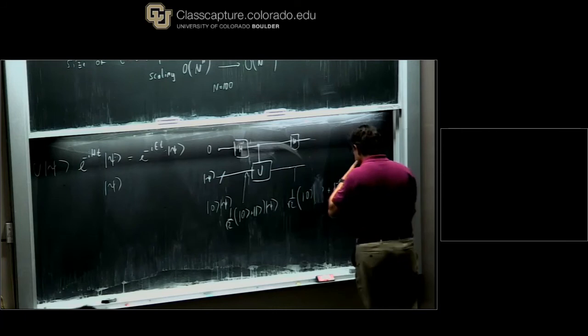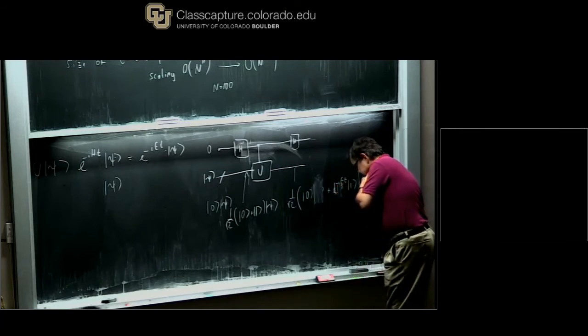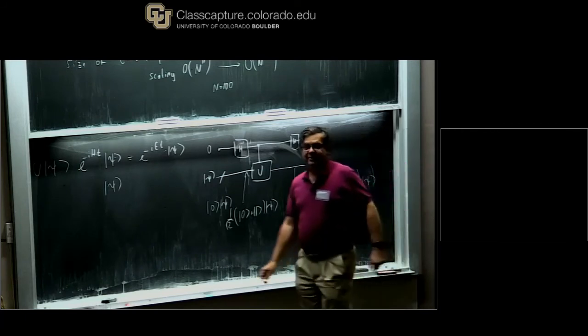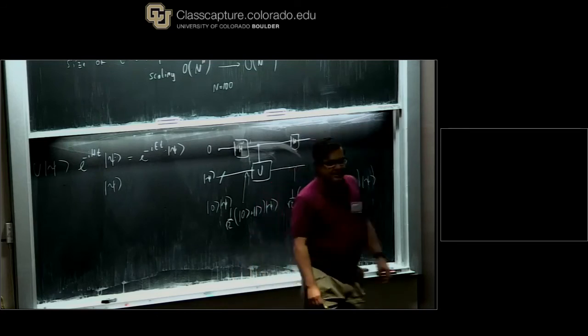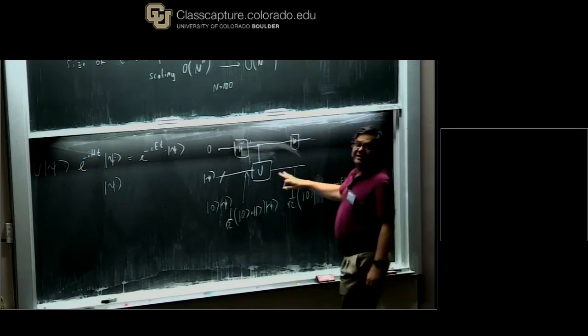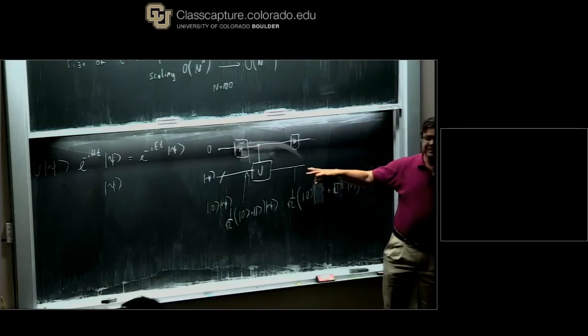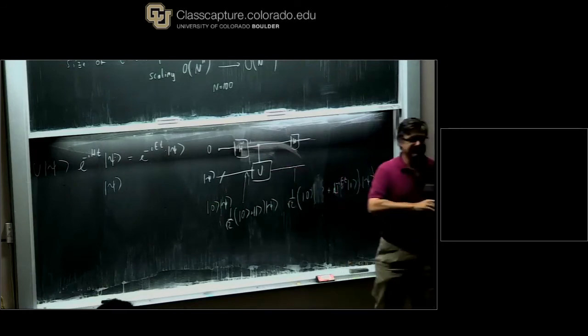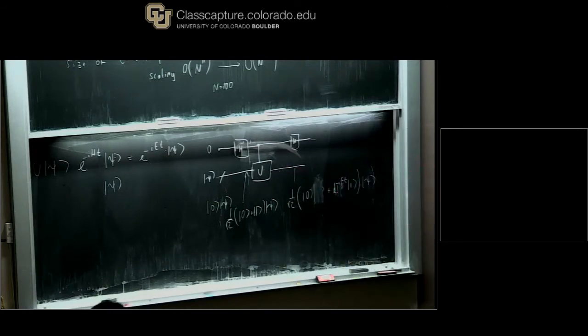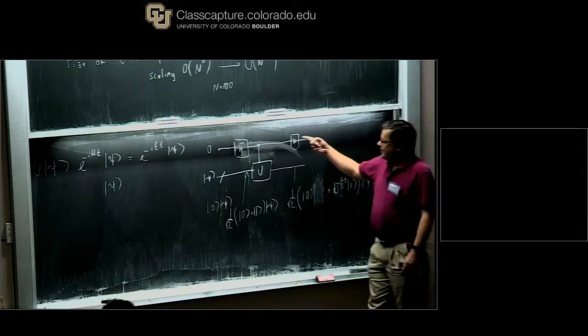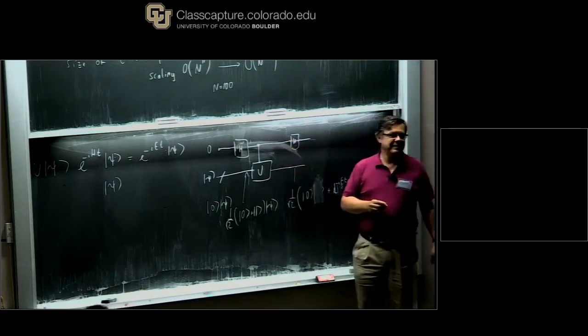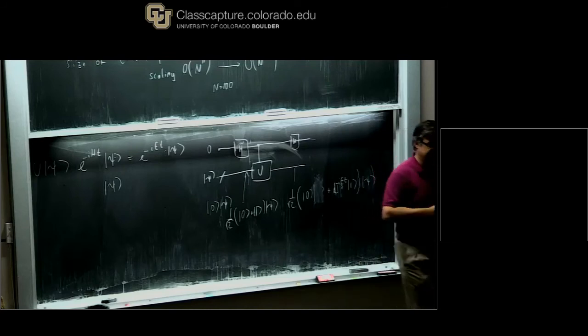So we can save a factor 4 here. This is how you typically learn quantum phase estimation. You apply the operator when the ancilla is 1. You don't apply it when it's 0.